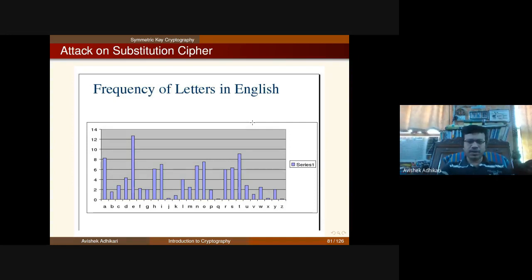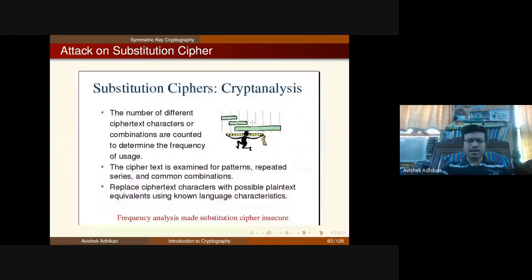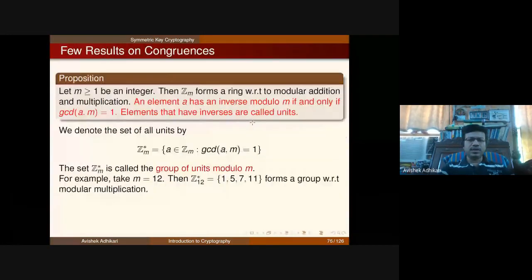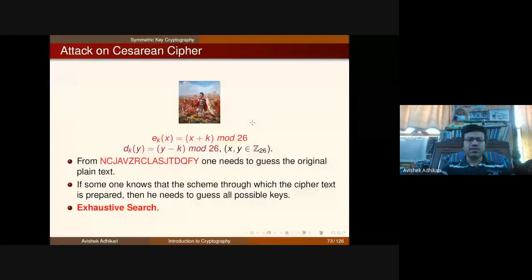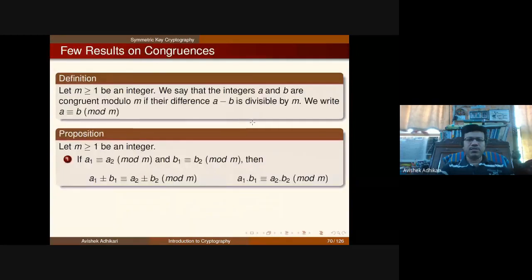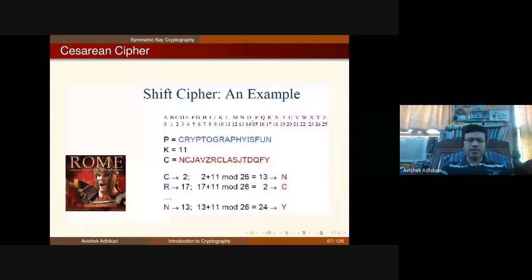Okay, now let us have a look at these schemes. In case of the Caesarean cipher also, if any of your alphabets, for example, using k equal to 11, if you have C, that will always go to N, right?